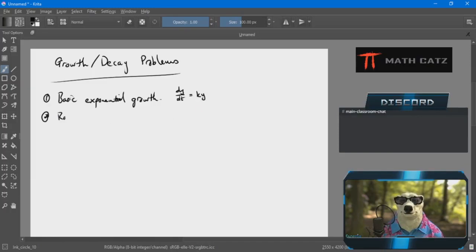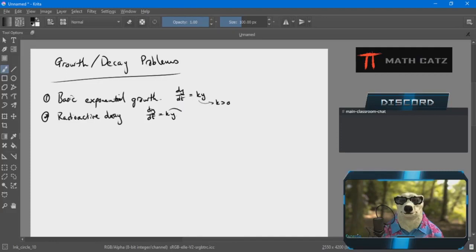Then we had a look at radioactive decay problems, where we saw that the differential equation looked exactly the same, except we were going to go down. K was negative in this case. K is positive in this case.